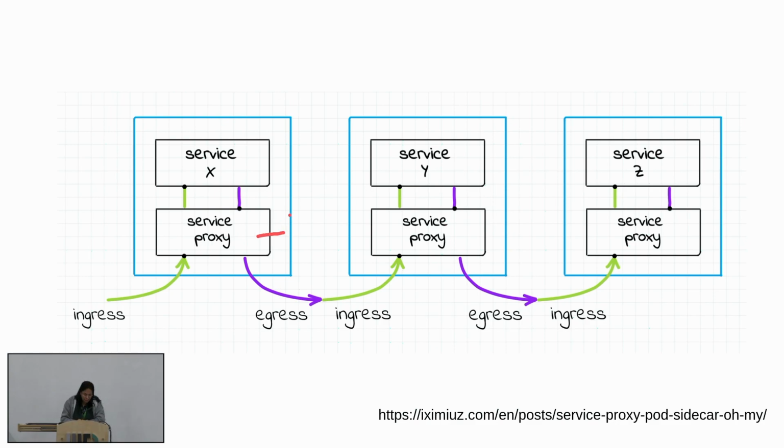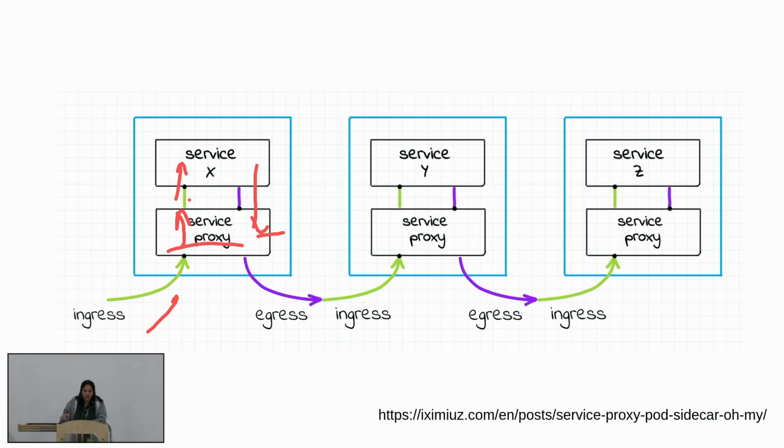Whenever a request comes, the request processing, the header interpretation, rate limiting and observability happen at the service proxy, and then the request goes to the service that's running, the processing unit. The same process happens in the egress also. That is, it goes to the service proxy and then out to the other, like a microservice chain, right?